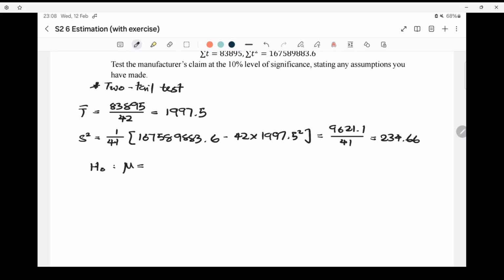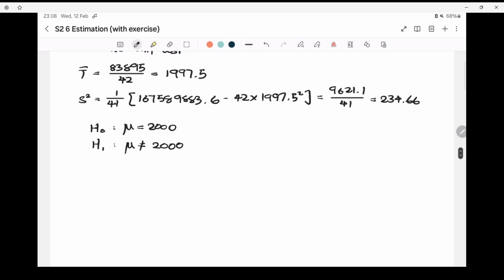Now you formulate your H naught. Basically, the mean is 2000, and your alternative hypothesis is that your mean is not 2000. For a two-tailed test, technically speaking you need to do it twice. So T bar greater than 2000.